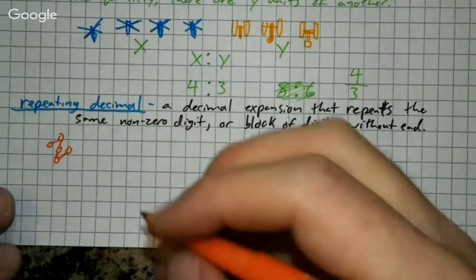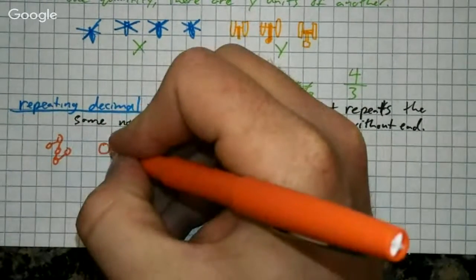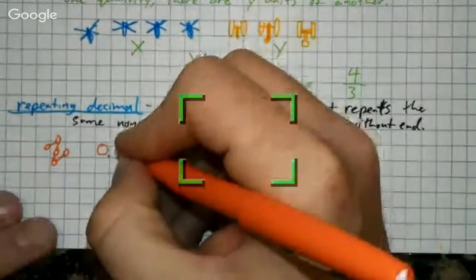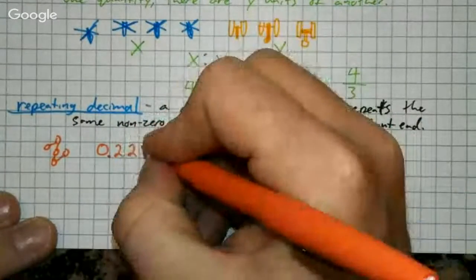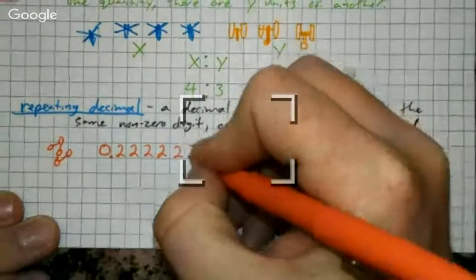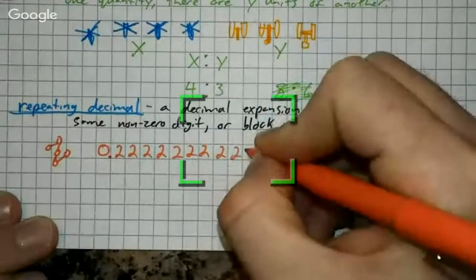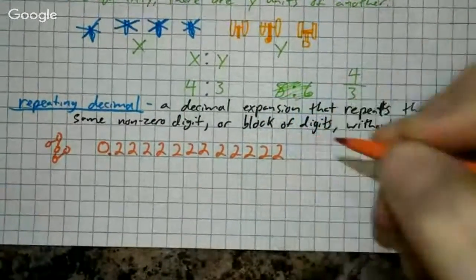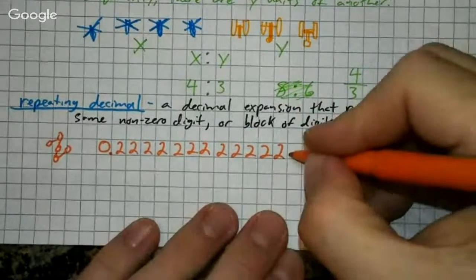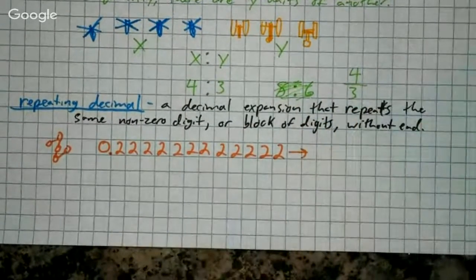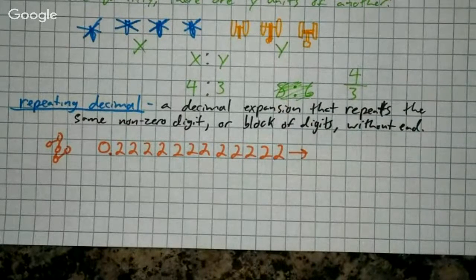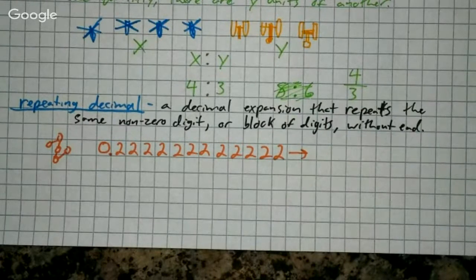So let's say you have a decimal like 0.2222222222222, and it just keeps going on and on forever. You really don't want to sit and write 0.22222 forever before you can go on to your next thing. Each question in math would take your entire lifetime and you still wouldn't be done.